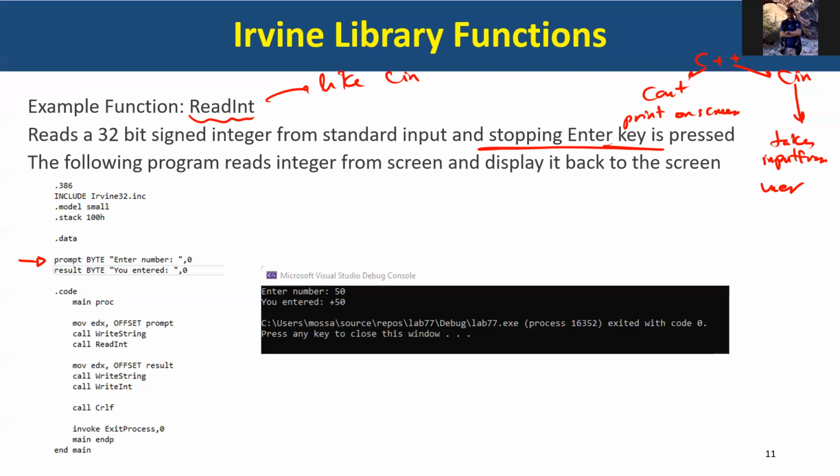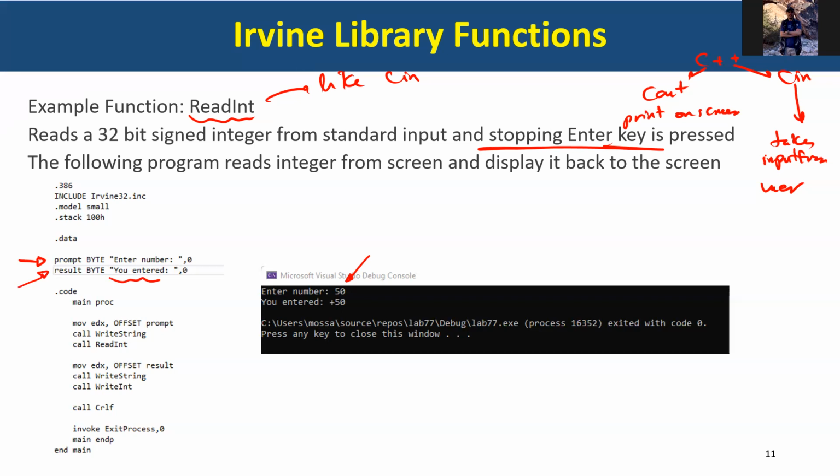So we first show the enter number message. The user will know he should enter a number. He puts, for example, 50. Then we show the message you entered, followed by the 50. So we're going to have two strings, a prompt string and a result string.